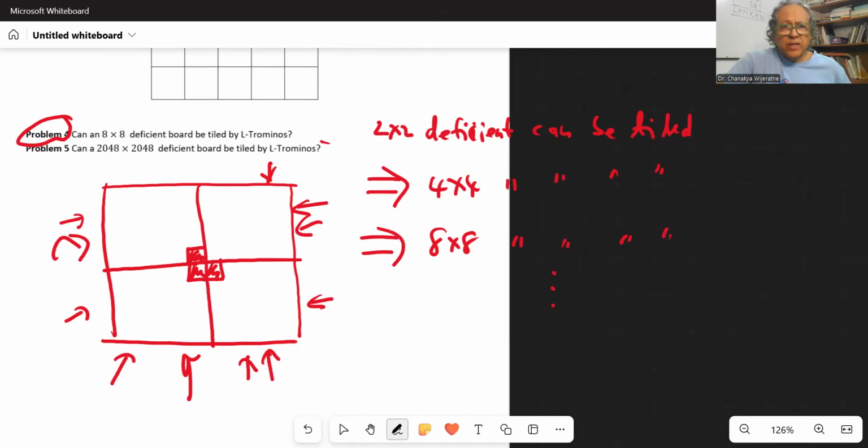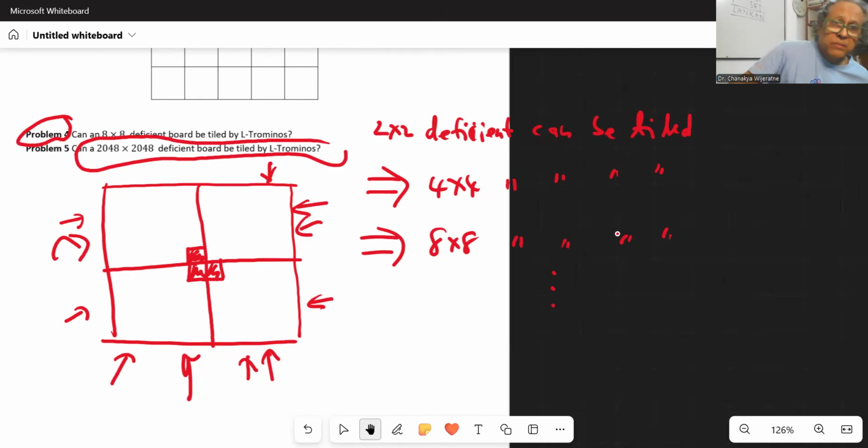So do you think that a 2048 by 2048 deficient board can be tiled by L-trominoes? Okay, I'm going to leave it to you. Think about it. And does this remind you of some method of proving things that you learned in combined mathematics? Okay, think about it. And I'm going to wind this up.